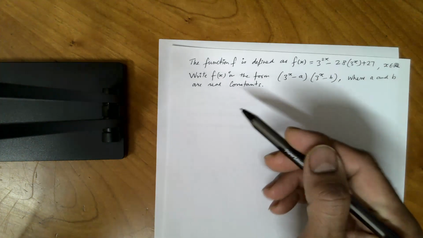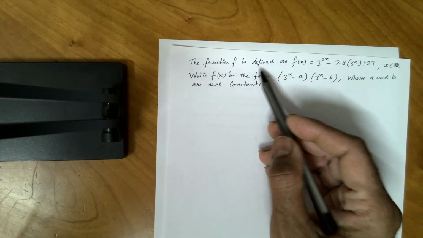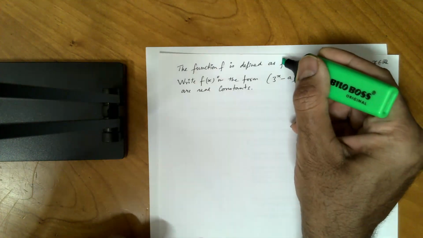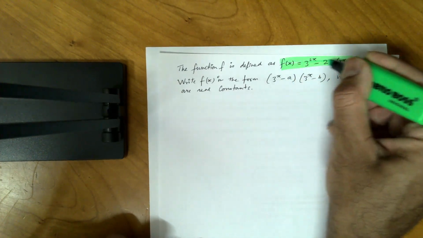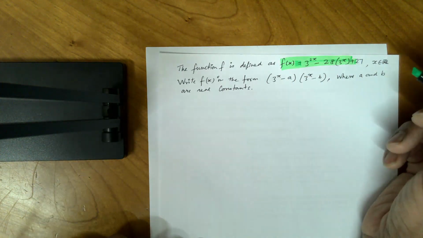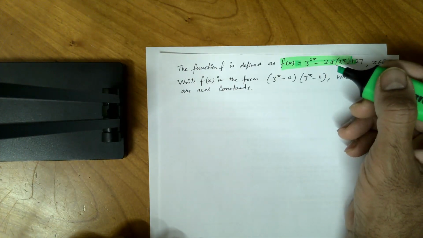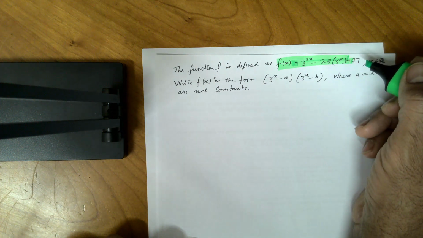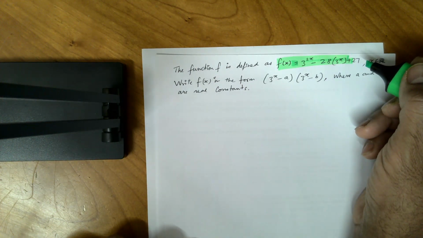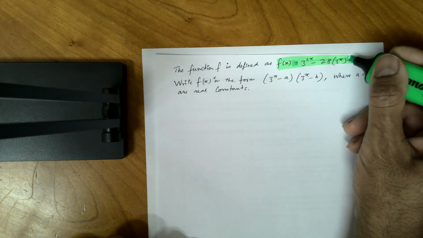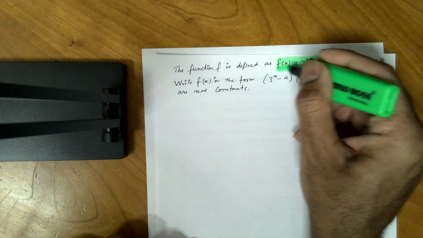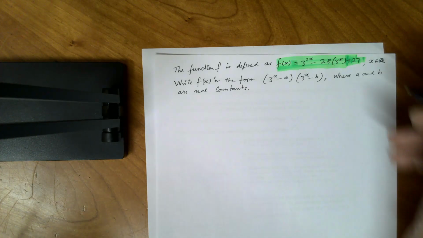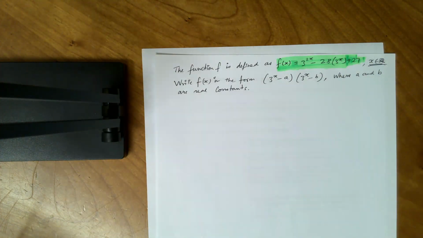So the function f is defined as this equation on the screen. f(x) equals 3^(2x) minus 28 times 3^x, plus 27, where x is a member of the real numbers.